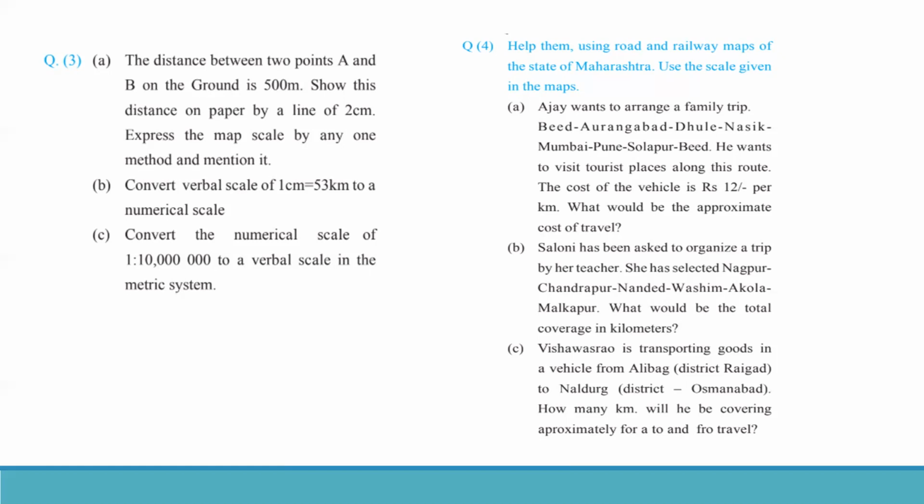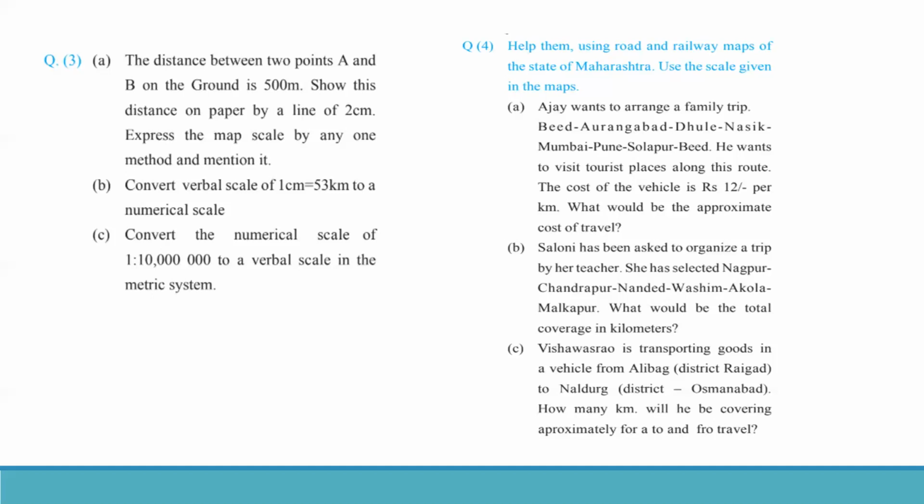We write 53 lakhs. 53, 2 zeros, comma, then 3 zeros. Units, tens, hundreds, thousands, 10,000, lakhs, 10 lakhs. So we'll get 53 lakhs. 1 is to 53 lakhs. 53, comma, 2 zeros, comma, then 3 zeros. It's very easy to do that.